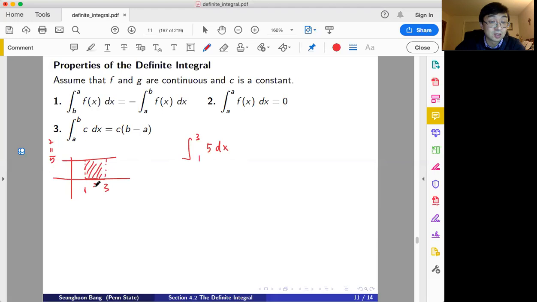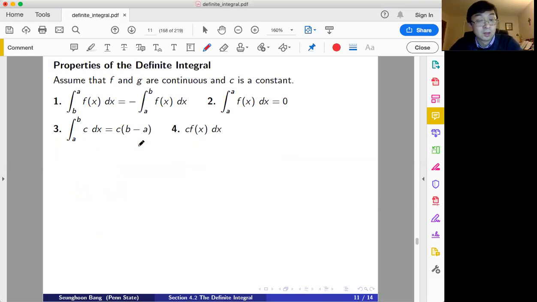This length is 2 and this height is 5, so exactly 5 times 2. How can you find the 2? Exactly the difference between 3 and 1. So we have 5 times 3 minus 1. This is true. c times b minus a. This is a typo, I think, here.